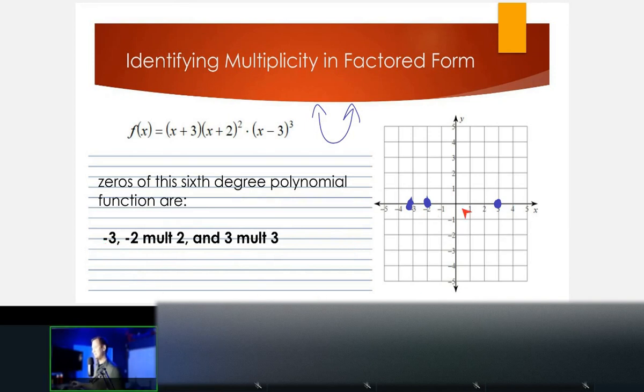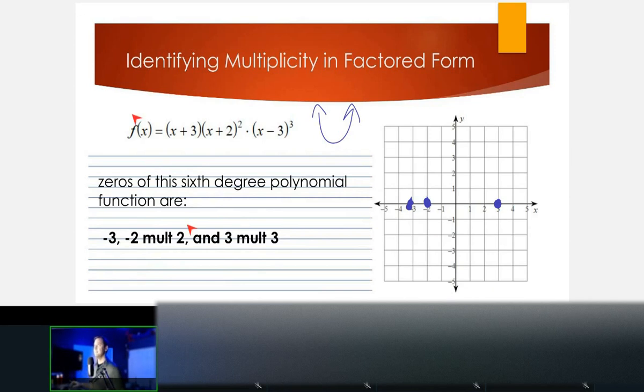For the one at -2, does that pass through or does it bounce? It bounces. Yep. And then at 3, does it pass through or does it bounce? It passes through. Correct.